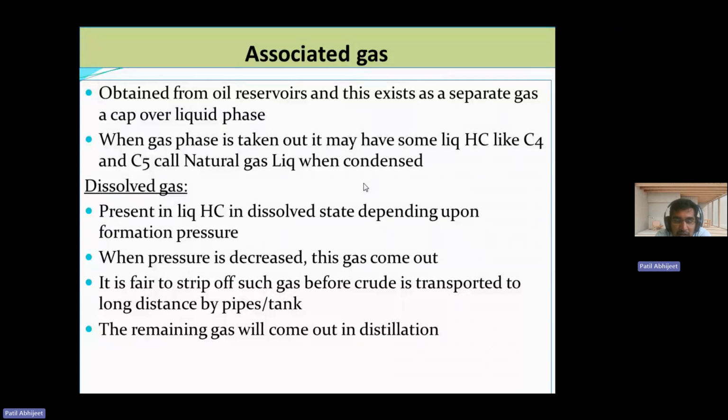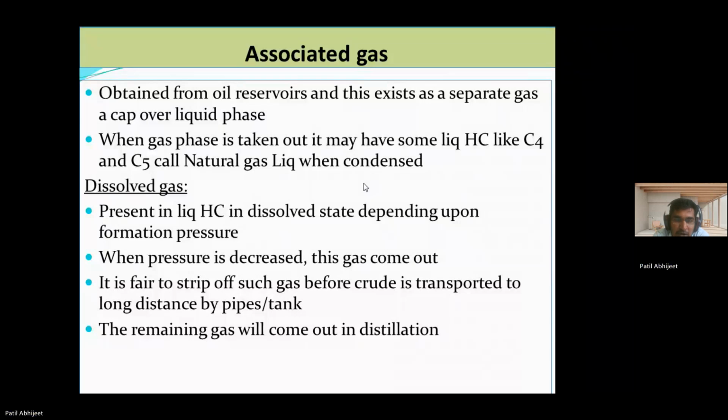When this pressure is decreased, the gas will come out of that state by means of gravity.